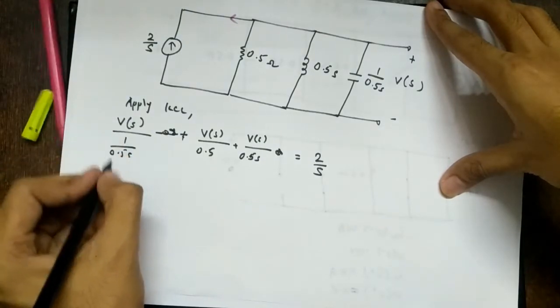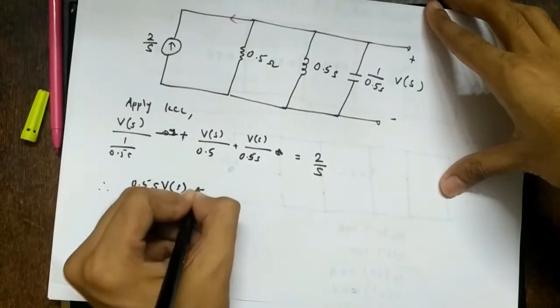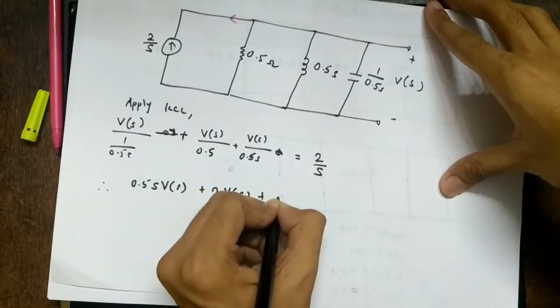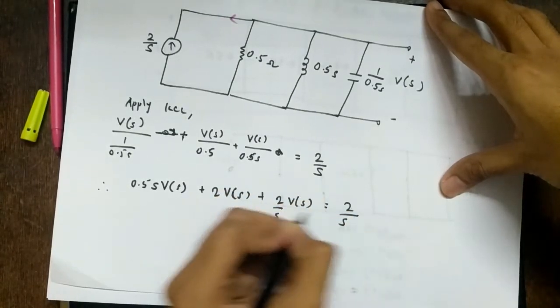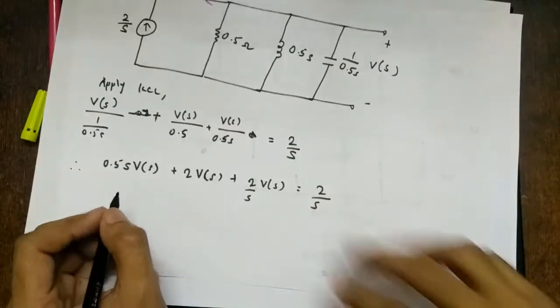So this will be 0.5 s, and V of s plus 2 V of s plus again 2 by s V of s equals 2 by s, right? So what will we do further? We will just simplify and try to find V of s.